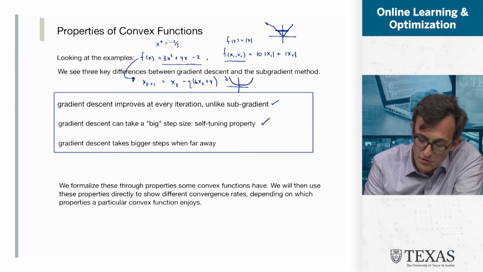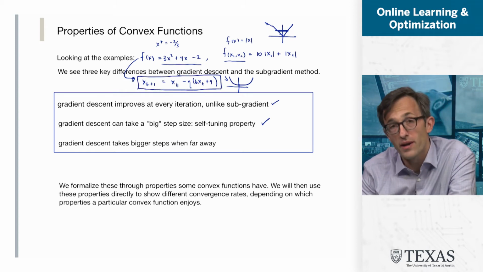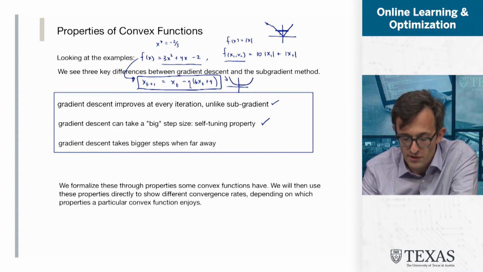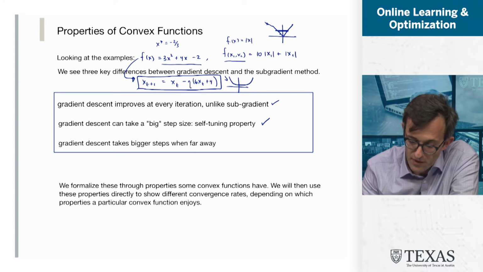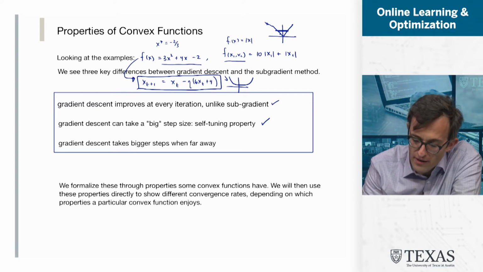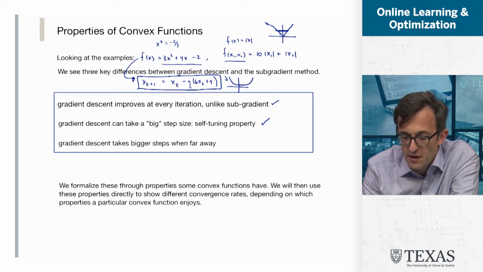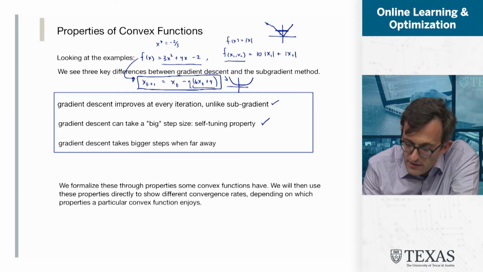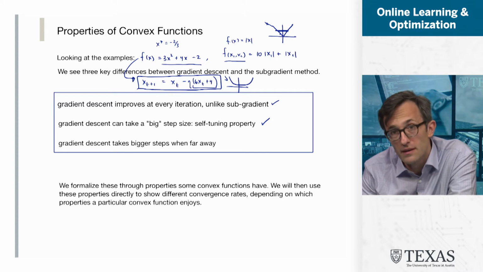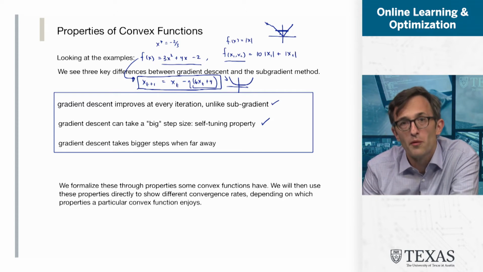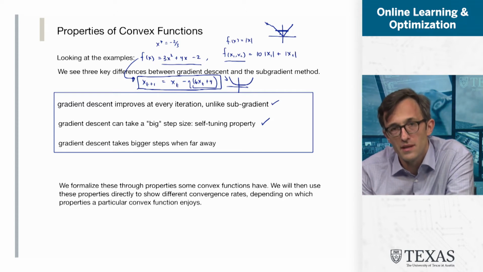Let's go back to, again, our expression for the gradient update for this polynomial. What else do we see that helps us? We see that when we're very far away from the solution, minus 2/3, so when xt is a very big negative number or a very big positive number, the value of this gradient is actually very big, and that helps us. That's exactly what we need when we're far away. It's a perfect coupling to this self-tuning property.